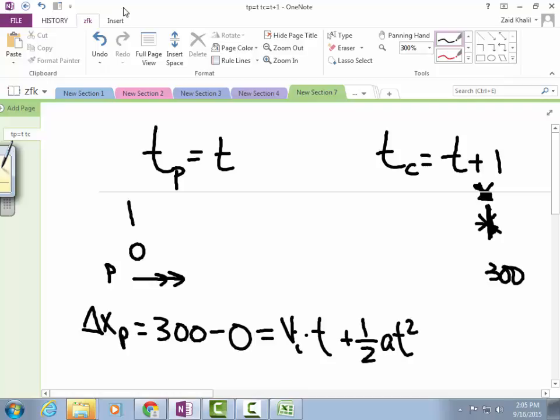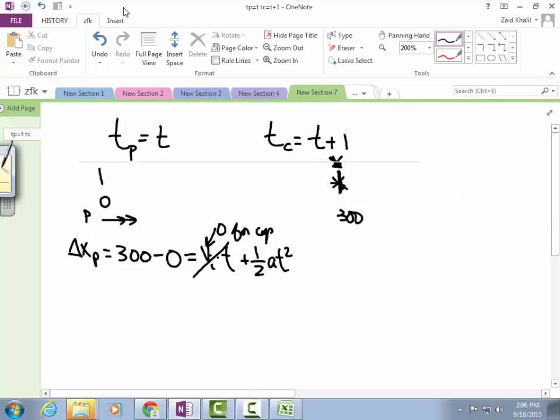But what's the initial velocity of the cop? 0. This is 0 for the cop. So therefore, this simplifies. We have 300 is equal to 1/2 a t squared.